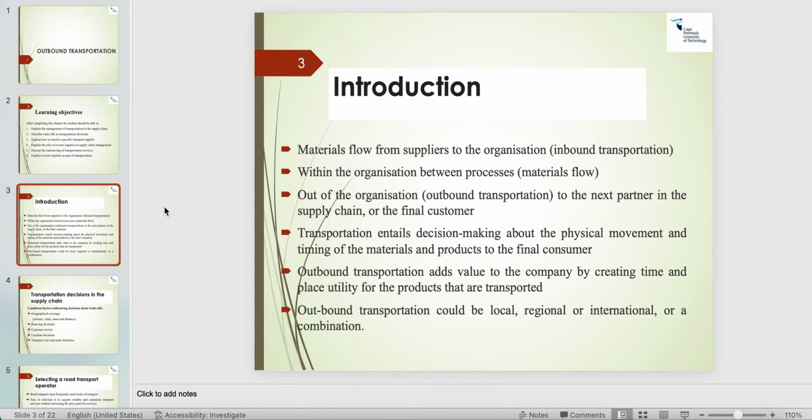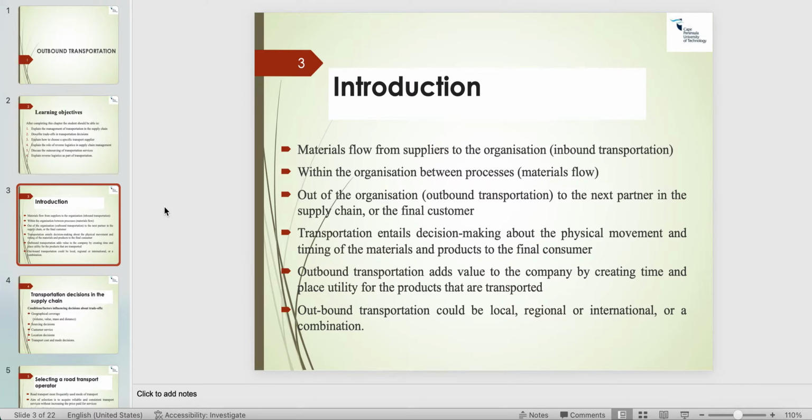And then the terminologies: inbound transportation covers material flows, and anything that goes out of the organization to the next supply chain partner, or even to the final consumer or customer, is outbound transportation. There is decision making involved as to how the movement of materials is going to happen, and because it involves revenue, outbound transportation is a way of adding value.